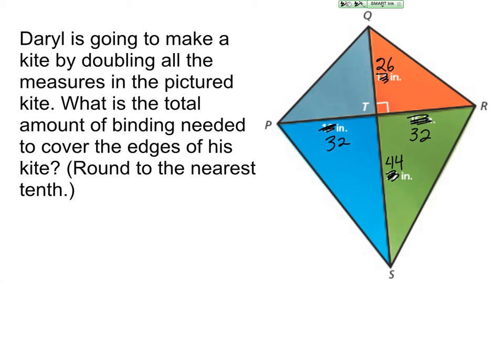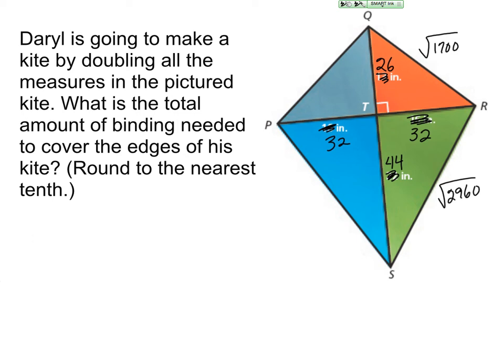Girls, you got the square root of. I'm not worried about simplifying it. Just square root of what? 1,700. Okay, guys, square root of 2,960.